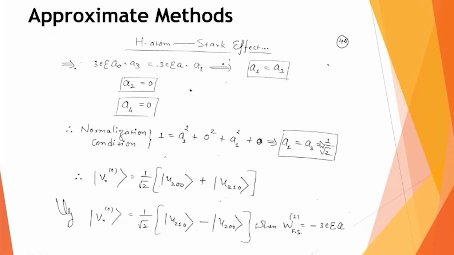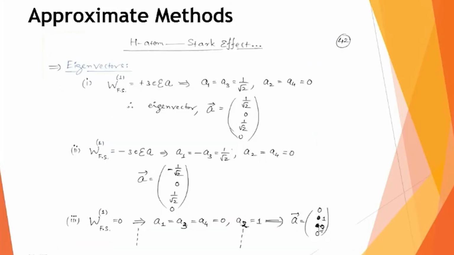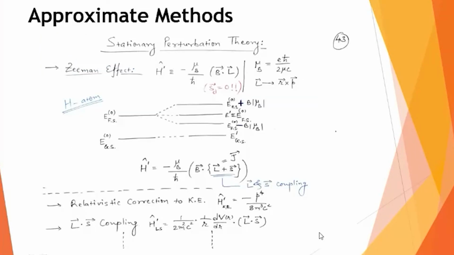So this possibility corresponds to the state 2, 1, minus 1. If you have another 0, because it can be plus 0 or minus 0, then A1, A2, A3 are 0 but A4 is 1. In that case, the eigenvector will be 0, 0, 0, and 1, and so on. So you can even compute the eigenvectors for this hydrogenic system when exposed to the external electric field.